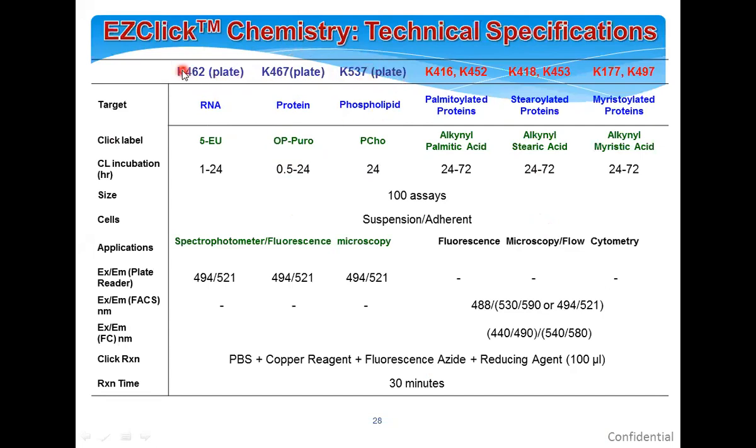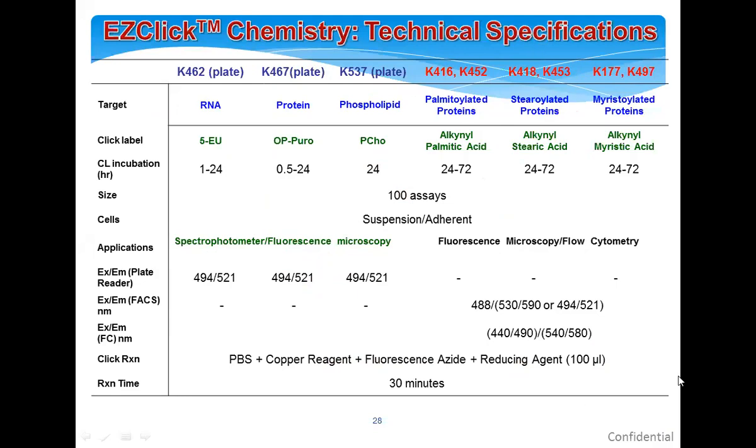For these 3 assay kits, you need a fluorescent plate reader, a spectrophotometer, as well as you do either fluorescence microscopy or you can read on a plate. And then these are also the other kits, either red or green. We have 2 options for all these 3 different kits for studying these post-translational modifications of proteins. Same click reaction. You need the azide, the copper, after fixing the cells.